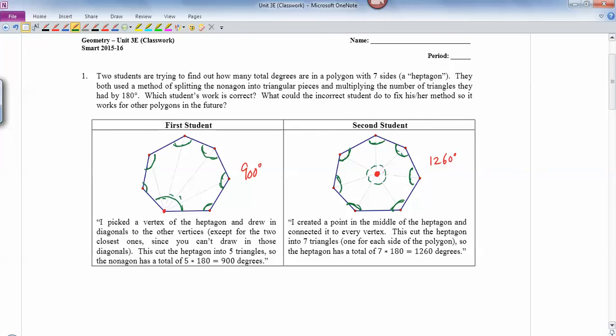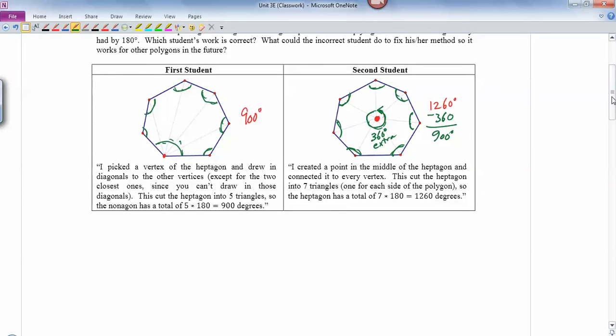But I also have an extra full rotation right there, and a full rotation is 360 degrees extra. So what this student needs to do is get rid of the extra 360. If he or she does that, then they have the 900 that they needed.